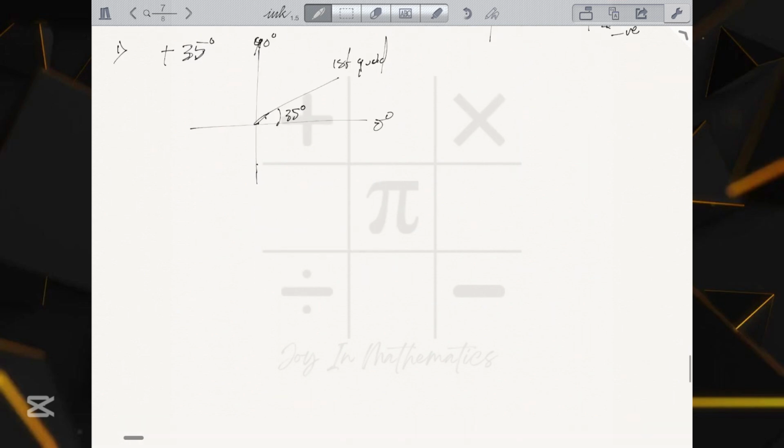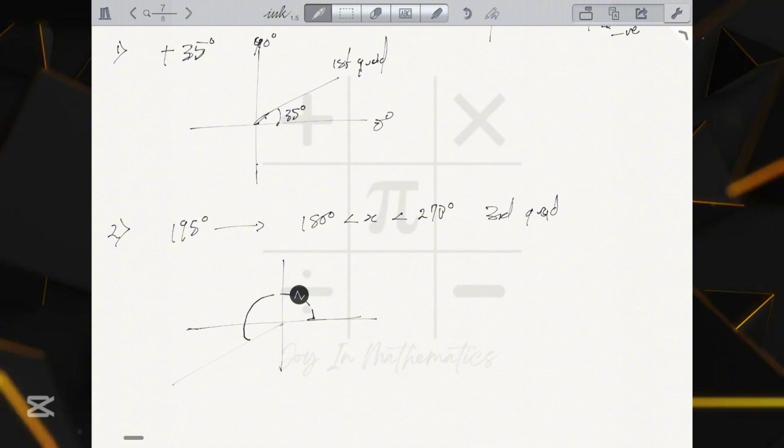Similarly, let's take another question: 195 degrees. 195 degrees falls between 180 degrees less than x and less than 270 degrees, so automatically we can see that this falls in the third quadrant. If you draw a diagram, starting from the positive x-axis in the anti-clockwise direction, we will land there, and this will be 195 degrees.